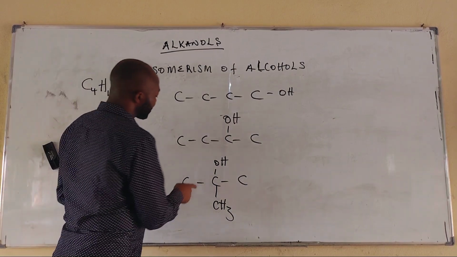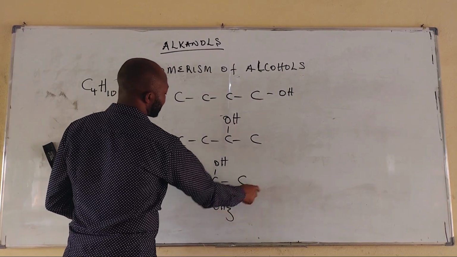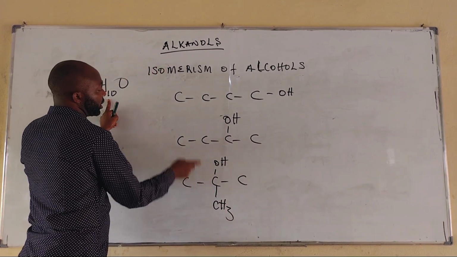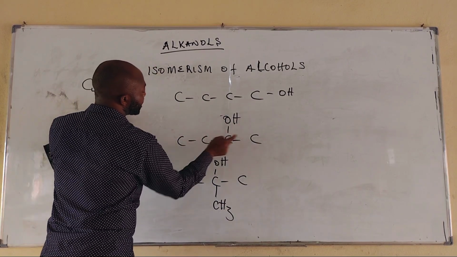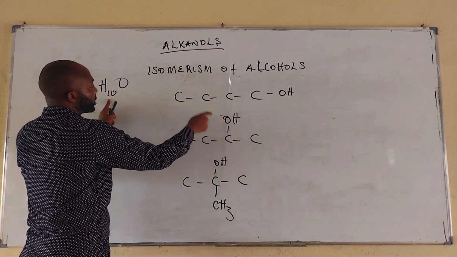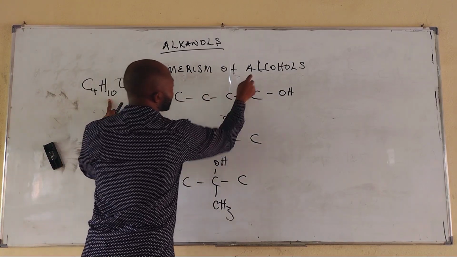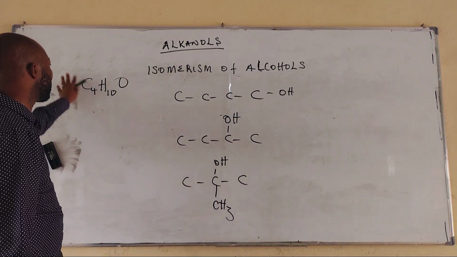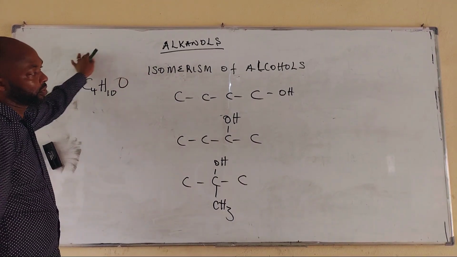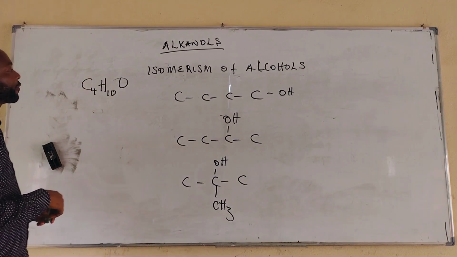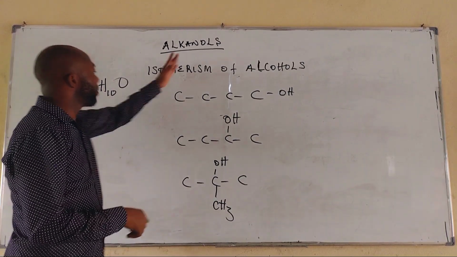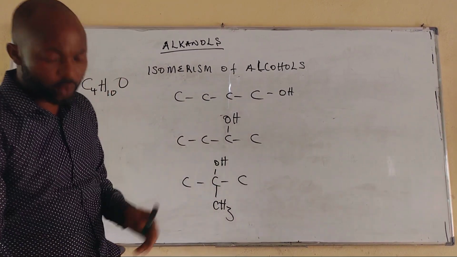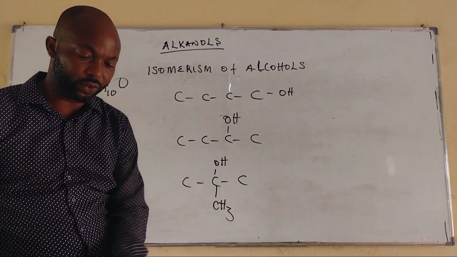In all of them, we have 10 hydrogen with 1 oxygen. So all these are isomers of this compound. Isomerism again is a phenomenon whereby compounds have the same molecular formula, but their structures are different. We can do this on and on.